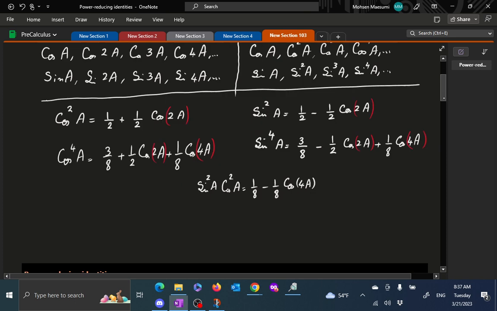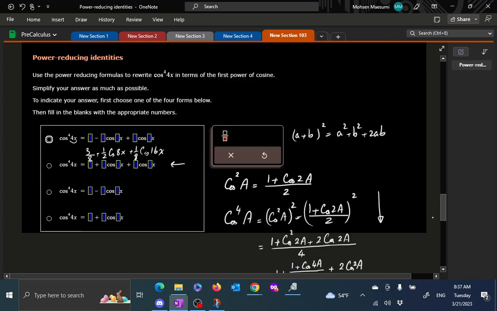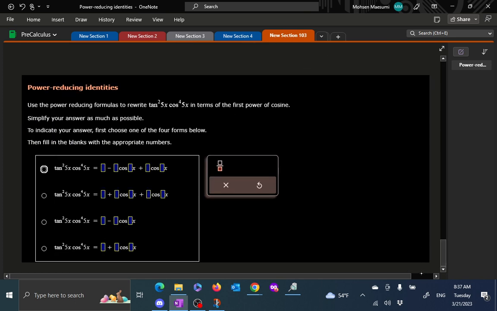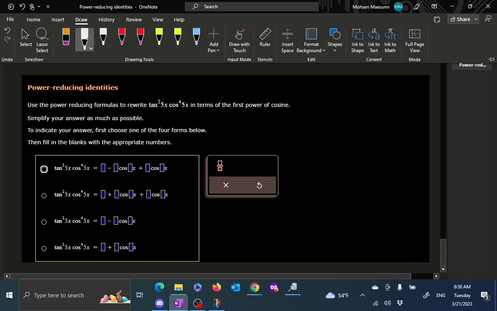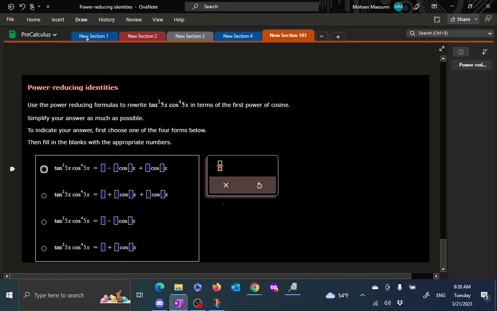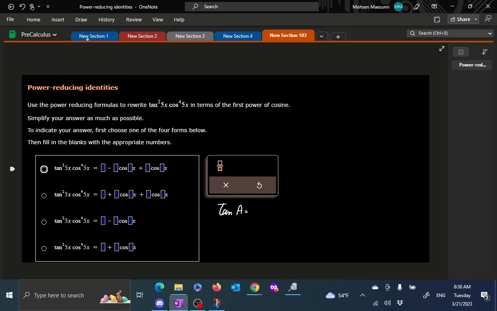Okay, what else do we have? Tangent square cosine to power of 4. It's just an exercise. Let's see. Let's remind ourselves what was tangent. Tangent of a, one expression for tangent, there are many of them, was the ratio of sine to cosine.